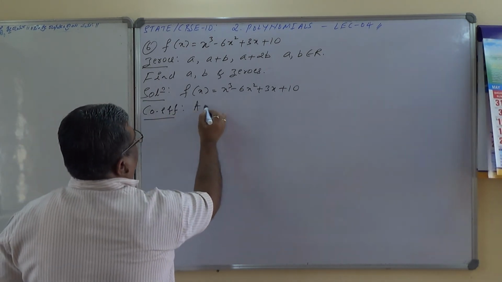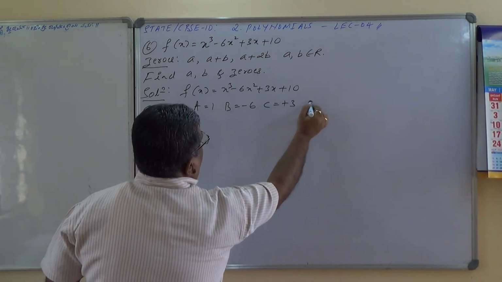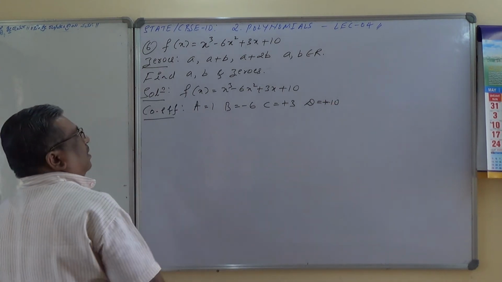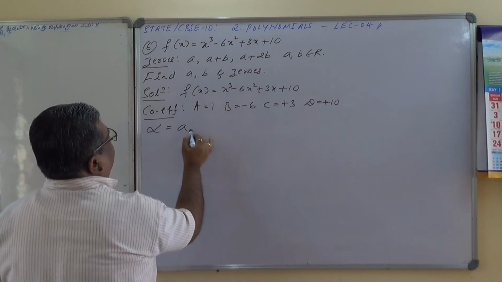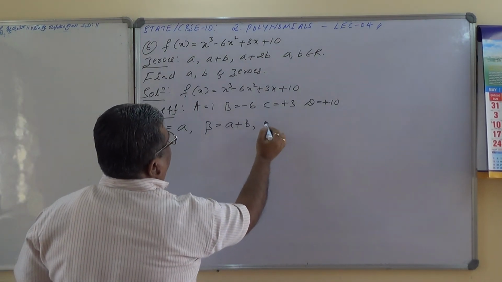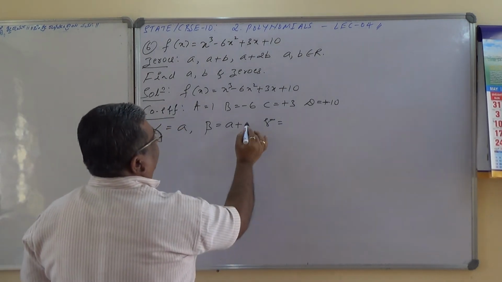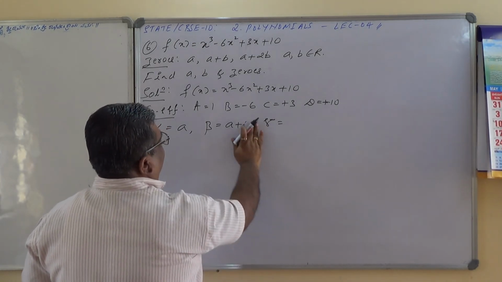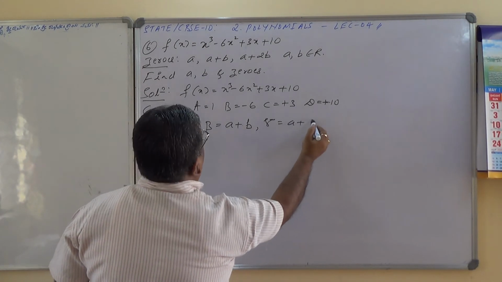Coefficients: A equals 1, B equals minus 6, C equals plus 3, and D equals plus 10. Correct? Zeros: alpha equals a, beta equals a plus b, and gamma equals a plus 2b.